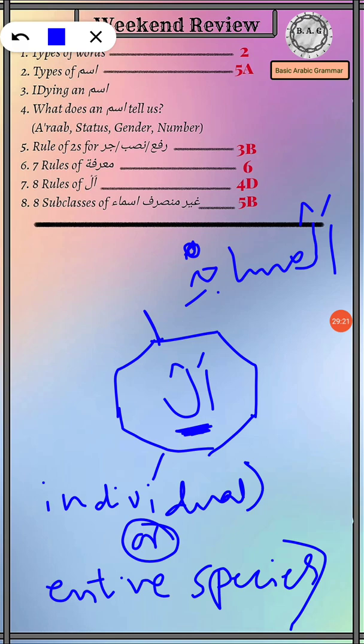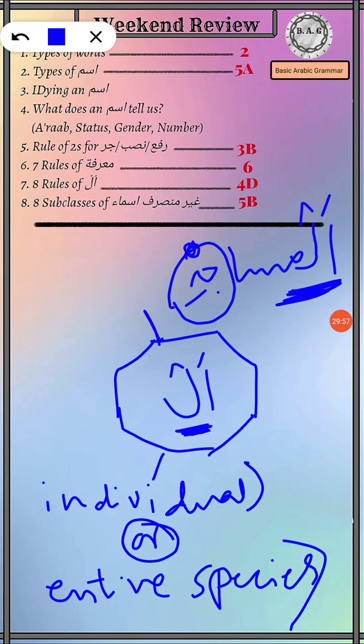We cannot call it munsarif, but we have to say that it gets somewhat flexible, and simply put, it gets the regular jar. So it accepts a kasra whenever it gets prefixed with al, and that's what we need to remember. So masajidu, masajida, masajida, add an al: al masajidu, al masajida, al masajidi.